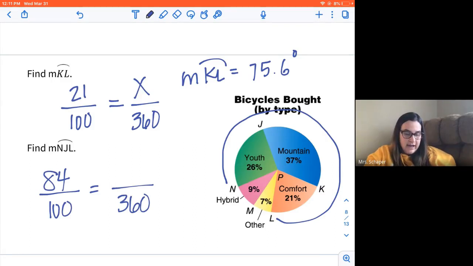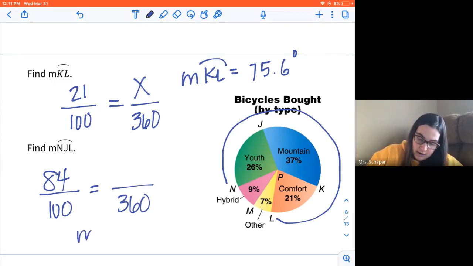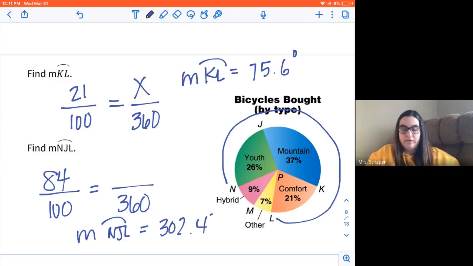So if I take 84 times 360 and divide it by 100, the measure of arc NJL is 302.4 degrees. All right, so using that fraction percent relationship.